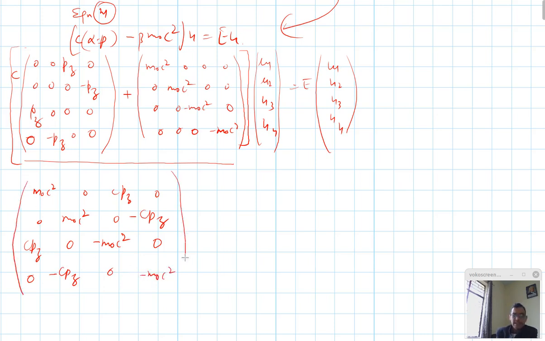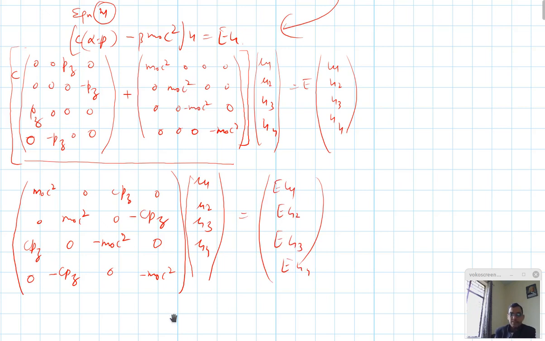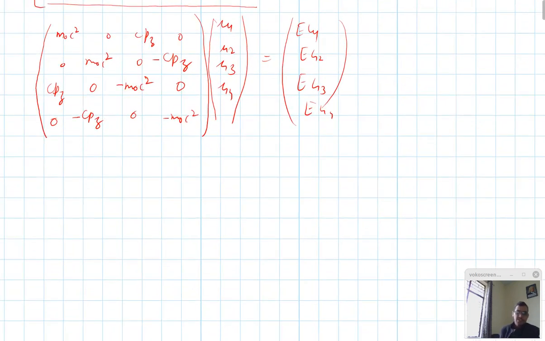That's what I am getting. And here it is u1 u2 u3 u4, right? And it's equal to EU1, EU2, EU3, EU4. So that means this leads to 4 equations. Let me call this as equation number 5.